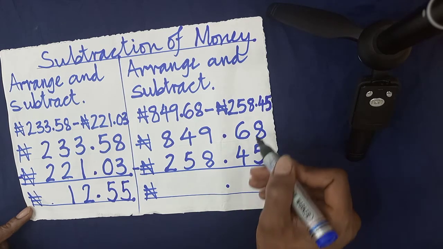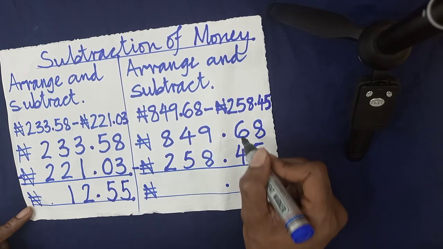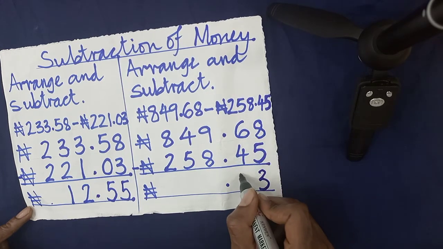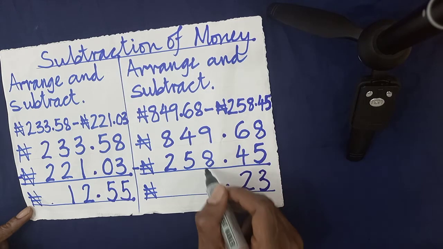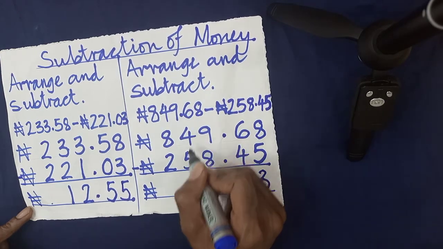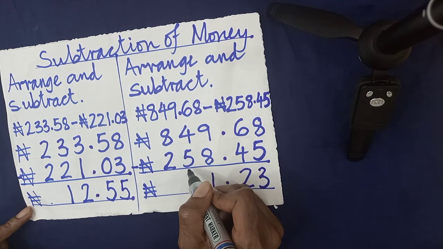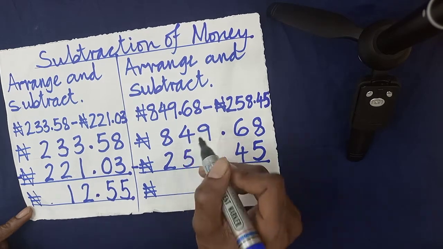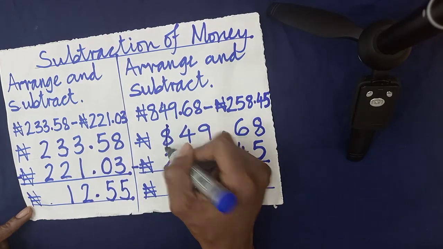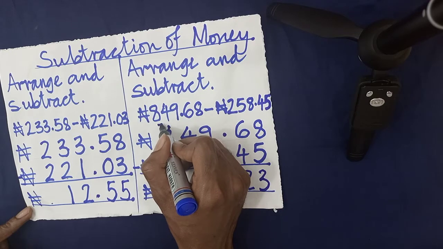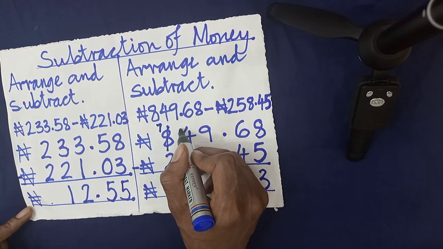Now we can subtract. 8 minus 5 is 3. 6 minus 4 is 2, and 9 minus 8 is 1. 4 minus 5 cannot. You can't get a bigger number from a smaller number, so we move to the left and we take 1 from 8, leaving us with 7. That 1 crosses over and becomes 10.